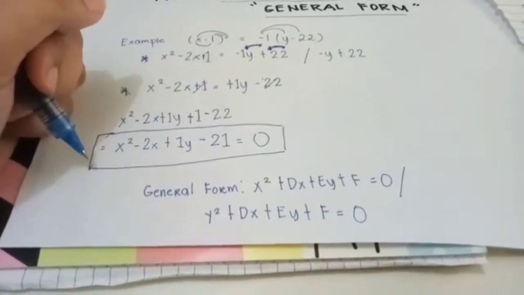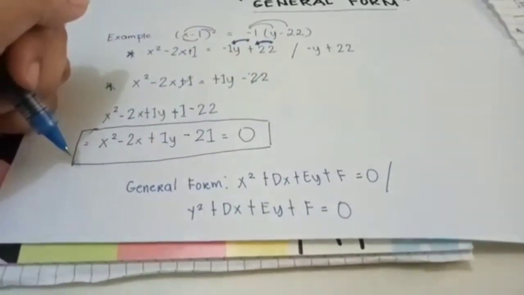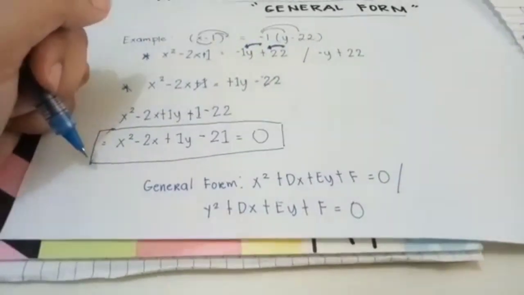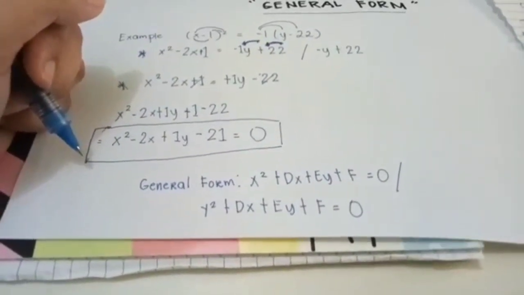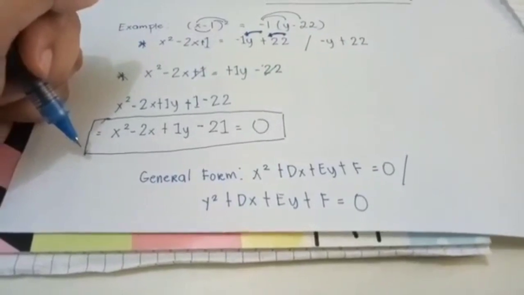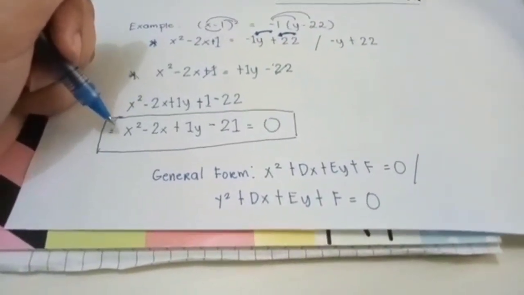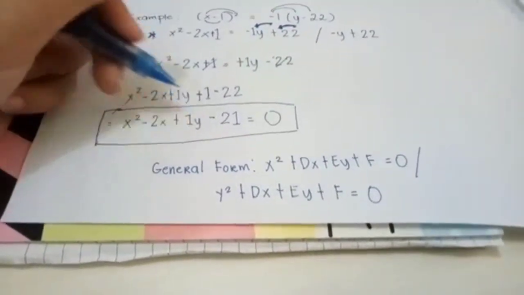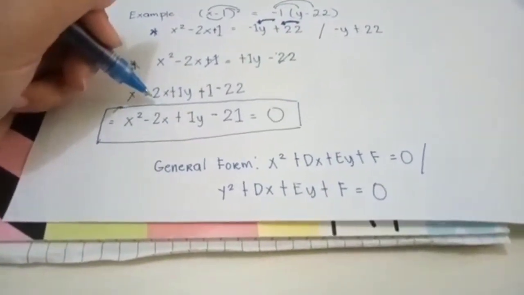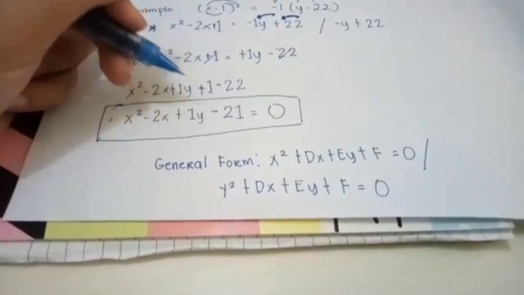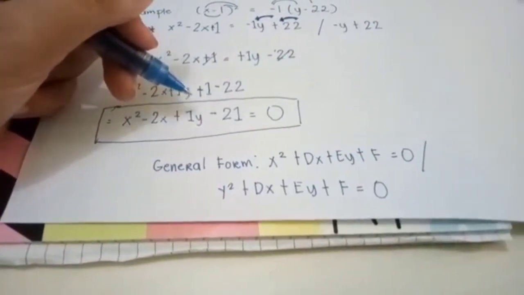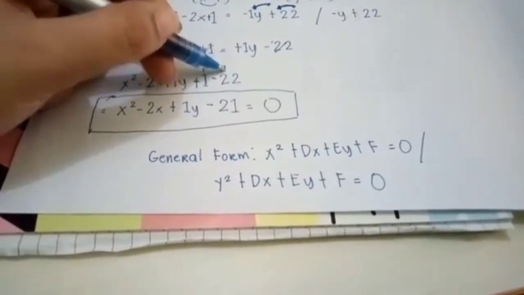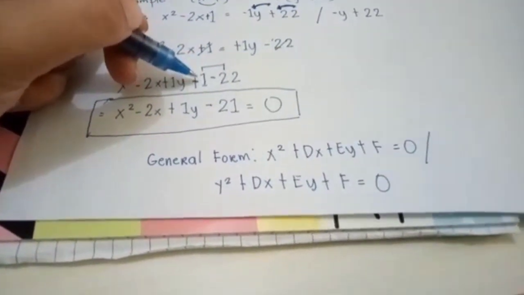The general form is x squared plus dx plus ey plus f equals 0 or y squared plus dx plus ey plus f equals 0. So as you can see, x squared is x squared, dx is negative 2x, ey is positive 1y, and then the f is this negative 22 and positive 1.